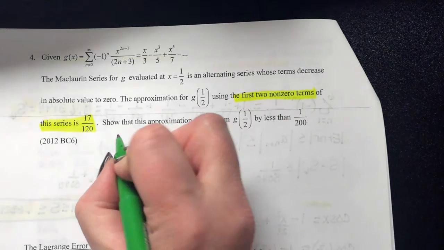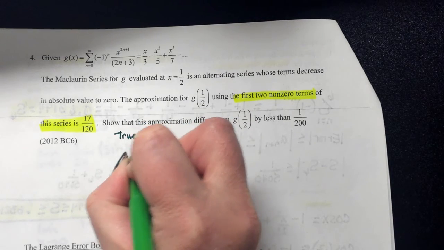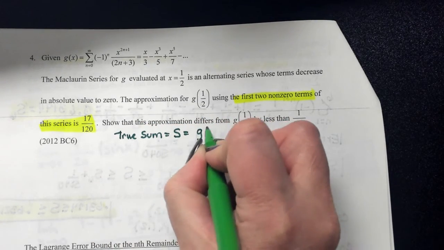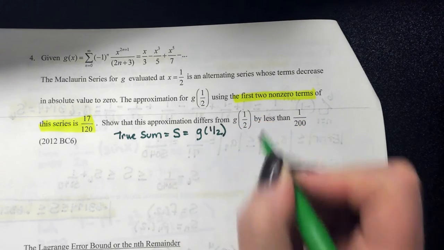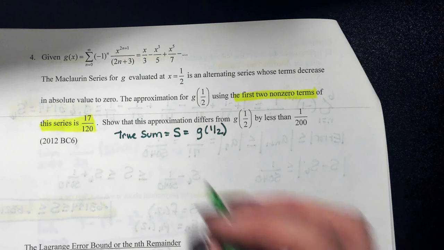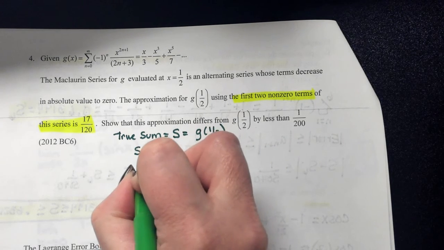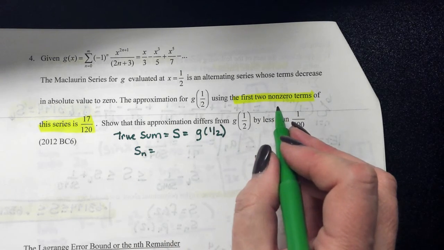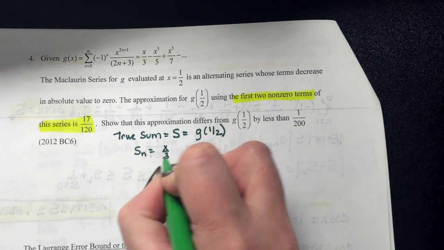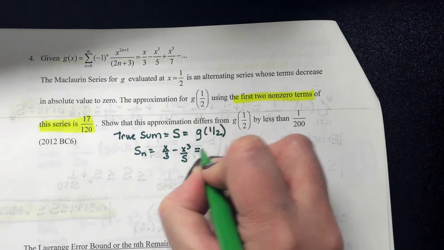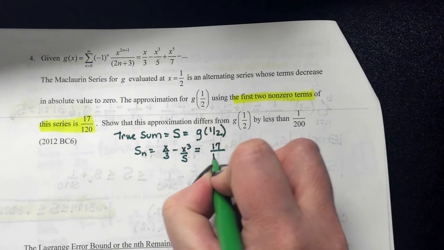So now remember, my true sum, which is my S, is actually the g of 1/2. My partial sum is the sum of the first two non-zero terms, which is that x over 3 minus x to the third over 5, which they've calculated for me to be 17 over 120.